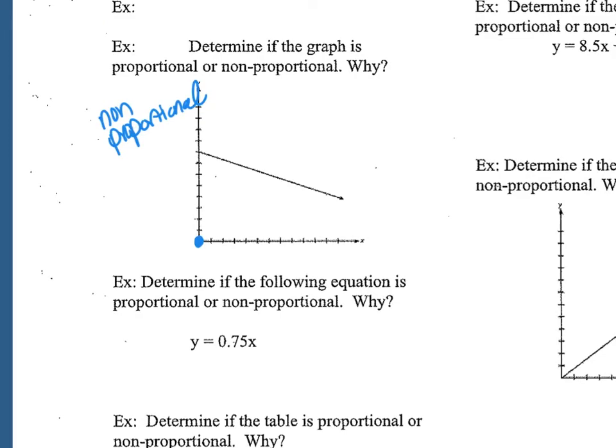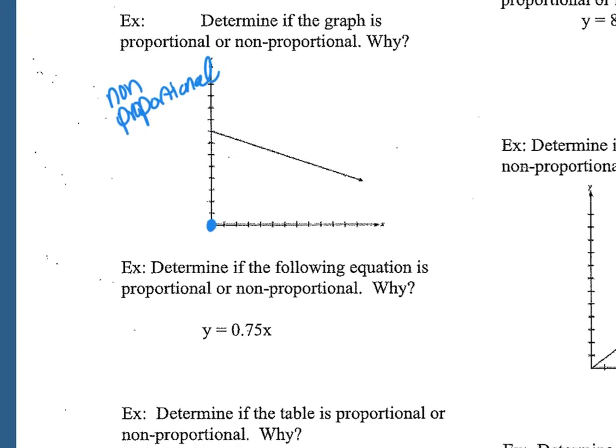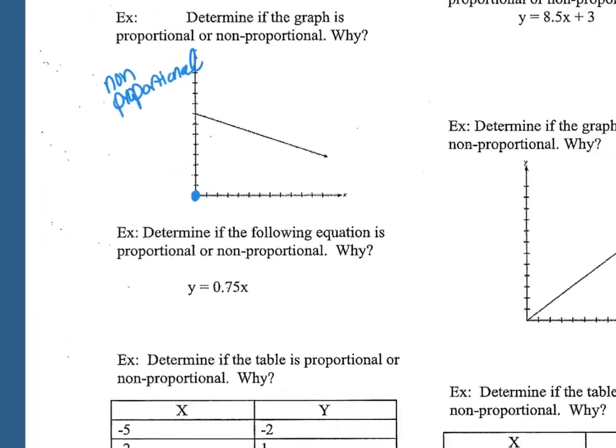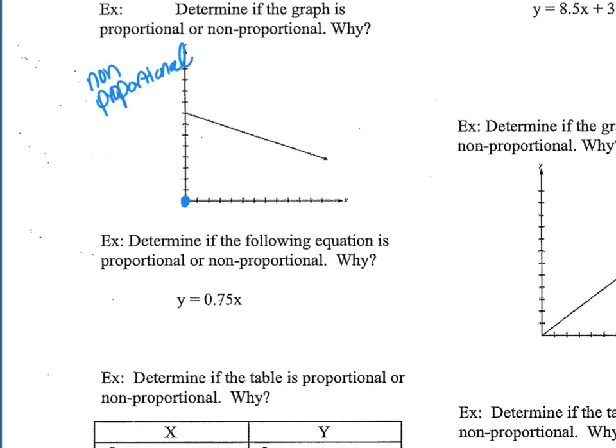The next example: determine if the following equation is proportional or non-proportional. So y equals 0.75x, what do you think? Proportional. Why is it proportional though? Because there's no y-intercept, there's no plus something, it's plus 0. So that would be proportional.